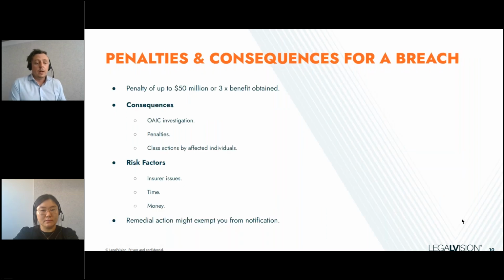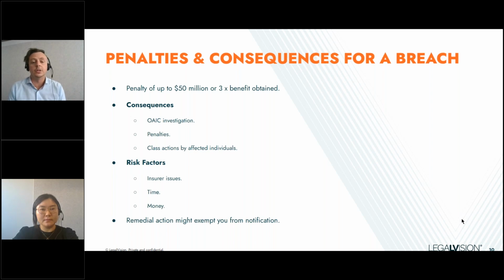Moving forward, just to consider penalties and consequences for a breach outside of the Privacy Act for a moment. In the past, the maximum penalty for a breach was $2.2 million.